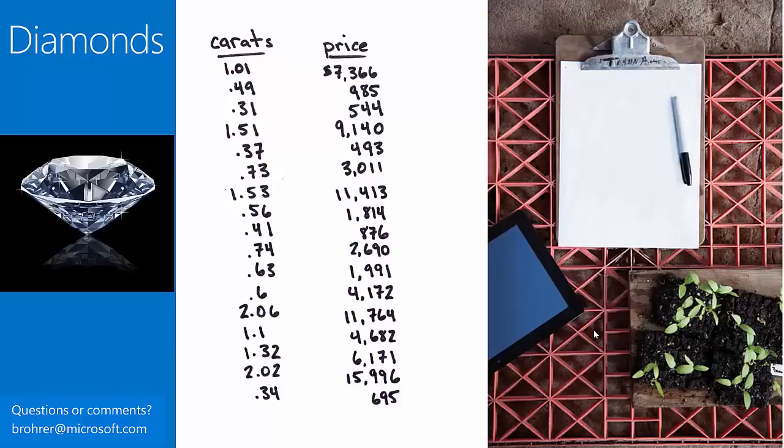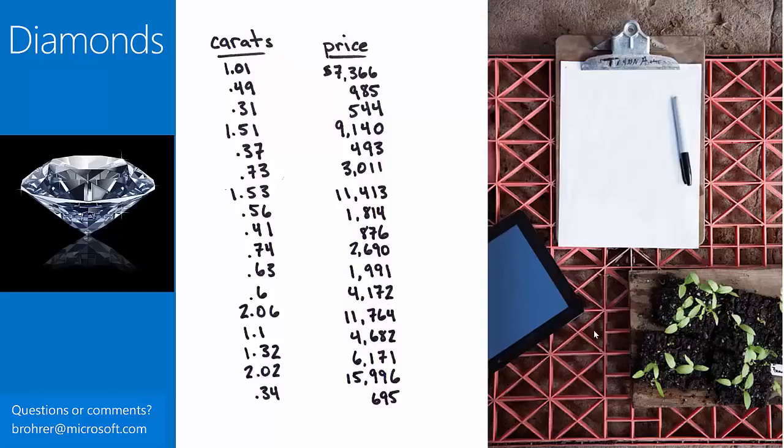But first, I want to know how much it's going to cost so I can save. So what I do is I go to the case and I look at all of the diamonds, and for each one, I note the weight and I note the price. The first one I find is 1.01 carats, and the price is $7,366. I note it, I move on, and I fill up a list of all of the diamonds in the case.